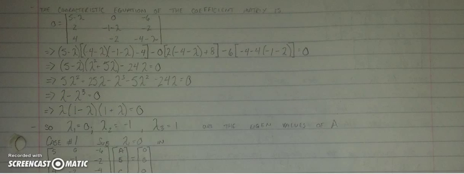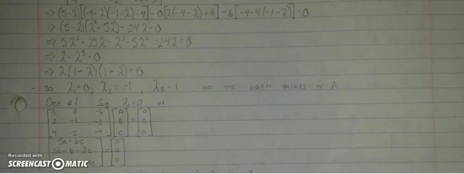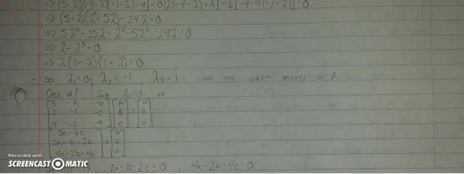I'm sorry if I'm mispronouncing it, but that's what we're going to call it today. And so when you boil down that equation, you're going to get the eigenvalue 1 is going to be 0, eigenvalue 2 is going to be -1, and eigenvalue 3 is going to be 1.